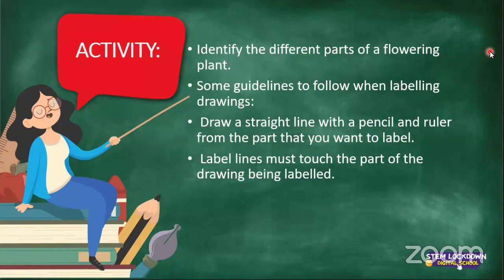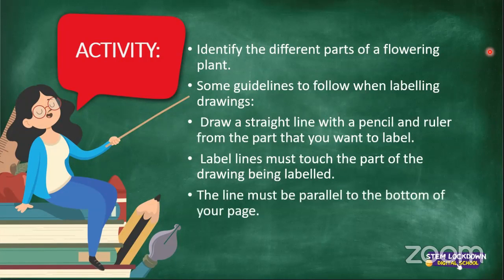The label lines must touch the part of the drawing being labeled because your teacher needs to see which part you are referring to. And the line must be parallel to the bottom of your page. So straight lines, okay? Please use a ruler. You want to keep your work neat and scientific, and that is the way we do it, okay?